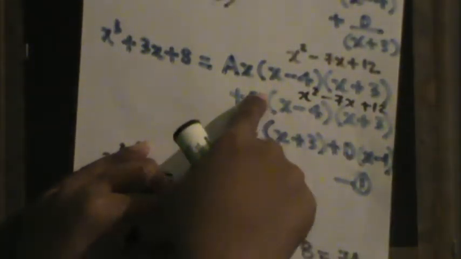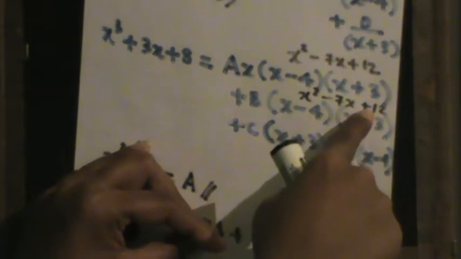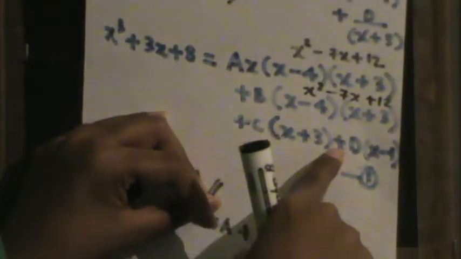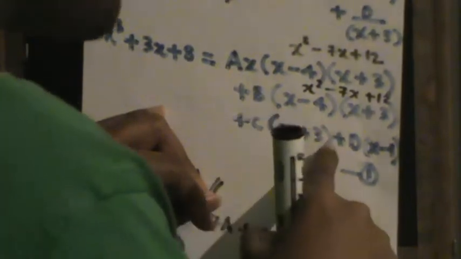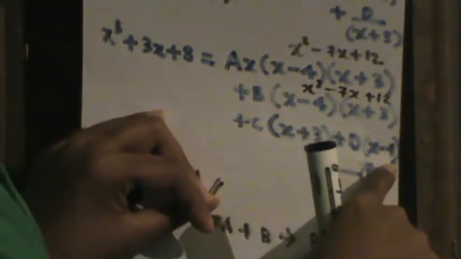When I multiply b by this function, since we don't have x's here, I'll get a constant term which is b times 12, so the coefficient will be 12b. So 8 equals 12b. For c, when I multiply c by plus 3, I'll get another constant which is plus 3c, and when I multiply d by minus 4, I'll get another constant which is minus 4d. So I'll also get plus 3c minus 4d.